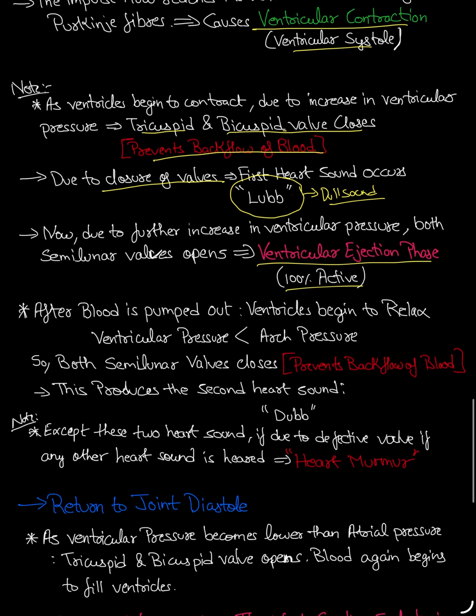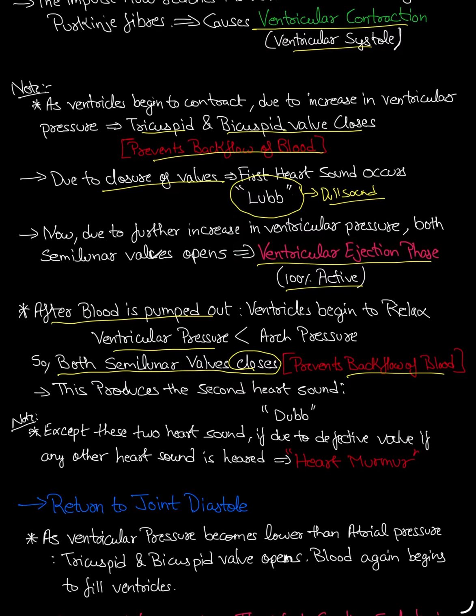After blood is pumped out from the ventricles, the ventricles relax, so ventricle pressure decreases again and arc pressure increases, the pulmonary arc and the aorta arc. At that time both semilunar valves close, again to prevent the backflow of blood.